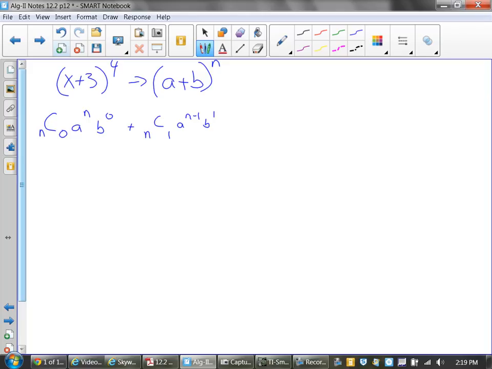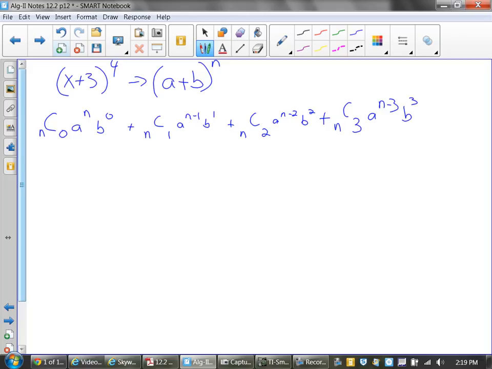You'll see how fast this works. Plus n choose 2, a to the n minus 2, b squared. Plus n choose 3, a to the n minus 3, b to the 3rd.